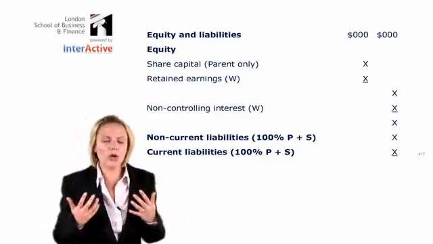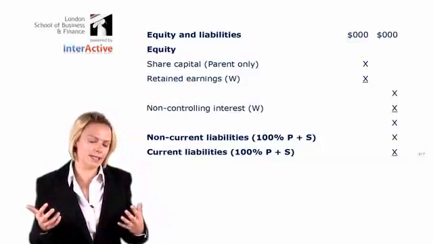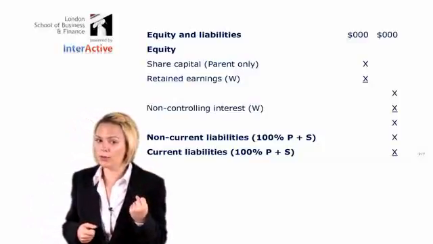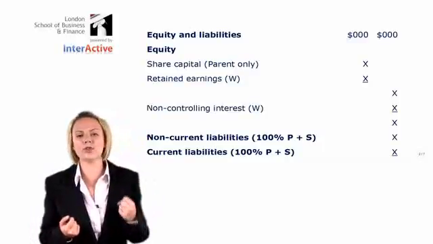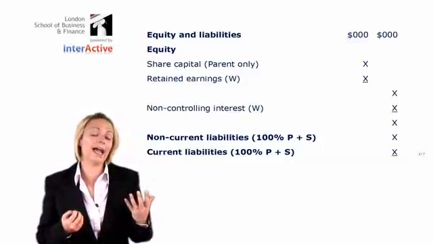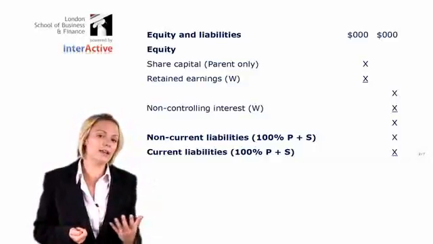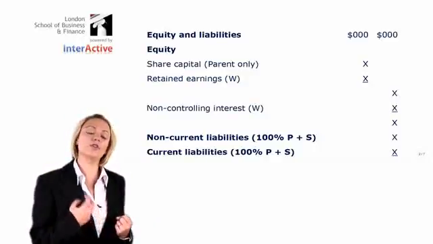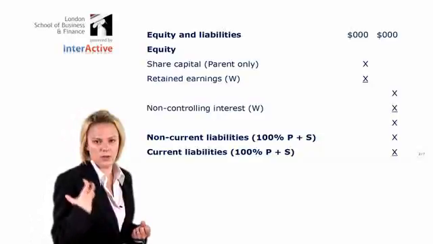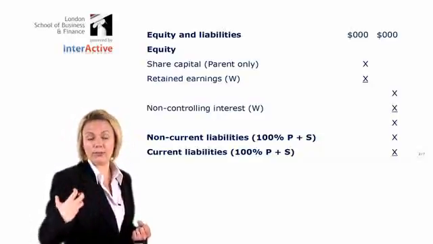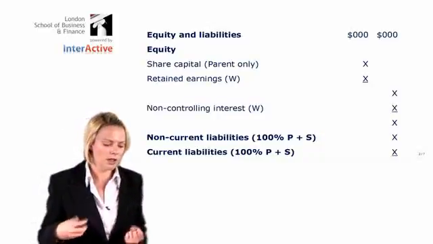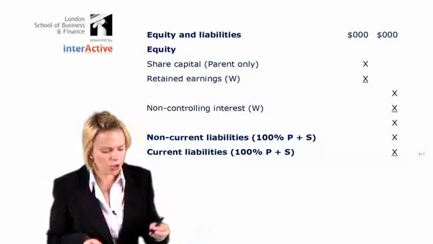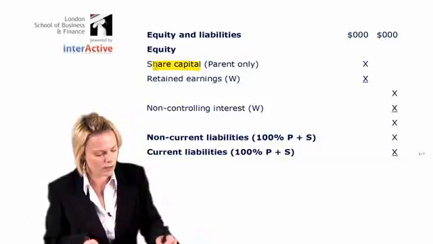Yes, we control all of the subsidiaries' assets and liabilities, but we only own 80% of their shares, and therefore we would only be able to contribute and get 80% of any dividends that they pay out. Because you remember, the other 20% would be the non-controlling interest, and they would get their share of the profits through dividends as well. So, equity then, share capital.